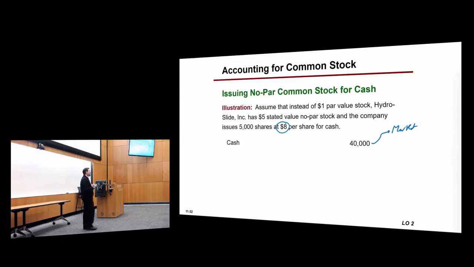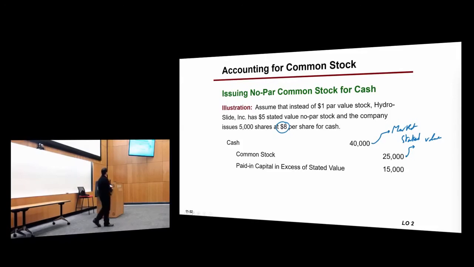Common stock will be credited at stated value. So in this case, it will be 25,000. This is stated value. The difference between the two is paid-in capital in excess of stated value. It will be credited the difference between the two, 15,000. Any questions?